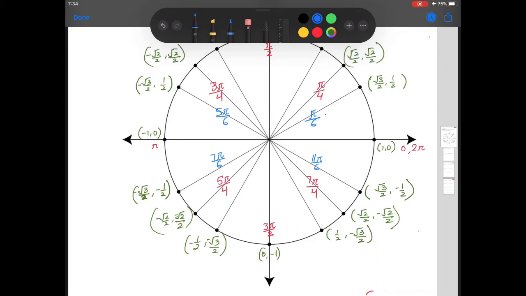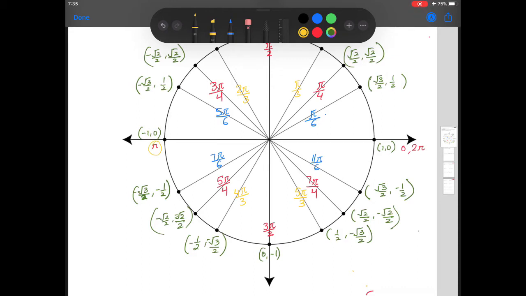Now I want to do the pi over 3's. So pi over 3, this is 2 pi over 3. You can actually go around. This is 1 pi over 3, 2 pi over 3, 3 pi over 3 is pi, 4 pi over 3 is right here, 5 pi over 3 is right here, 6 pi over 3 will be what?